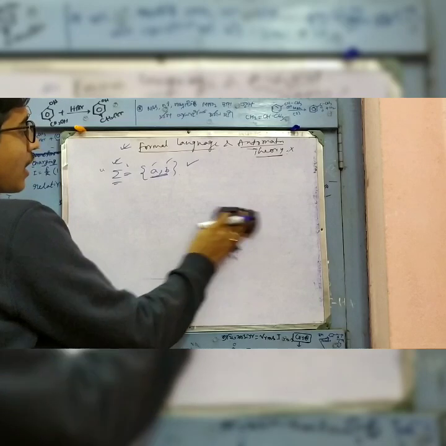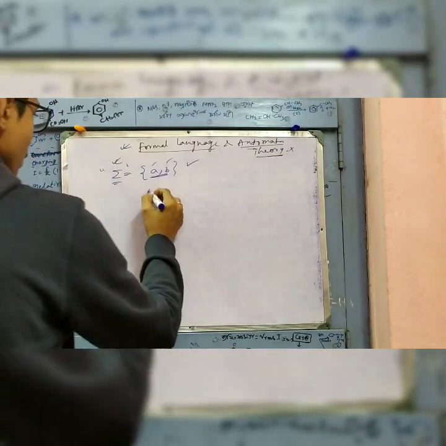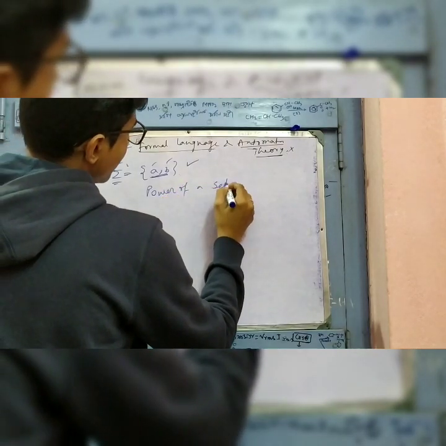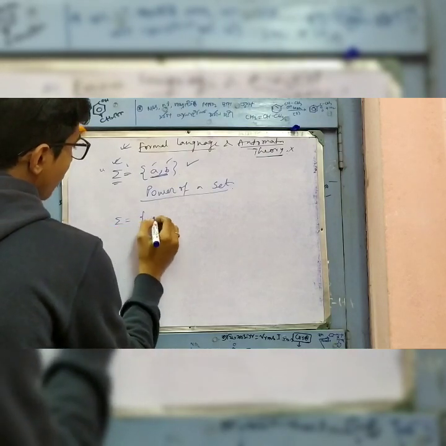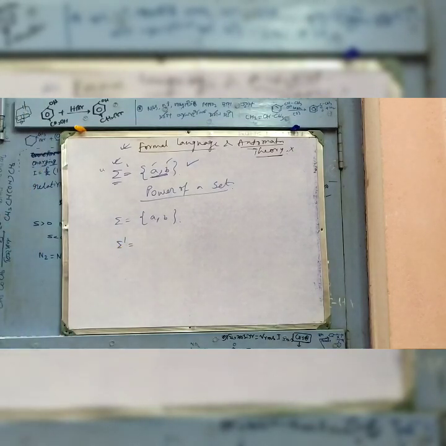Okay, next I am going to another thing, that is the power of a set. What is this? The power of a set. Suppose my alphabet is this, and I make it sigma 1. What is the meaning of this type of set?